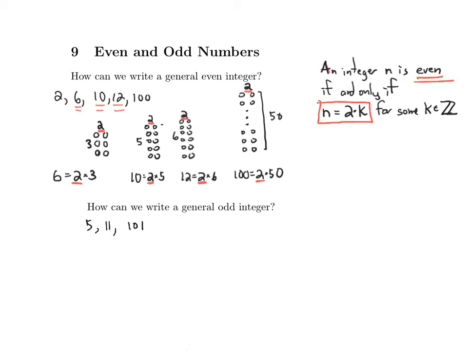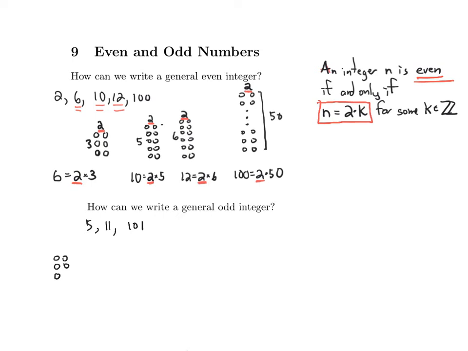Well, the thing is, odd numbers cannot be evenly divided into groups of 2. There will always be 1 left over. So if I wanted to draw 5, I'll try to put them in groups of 2, and I always get this 1 left over. There's 5.